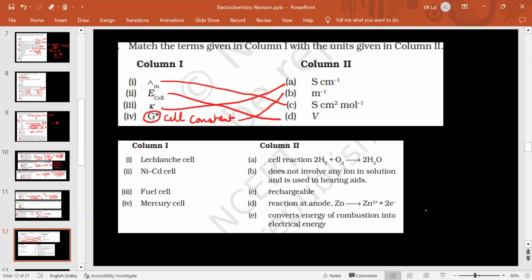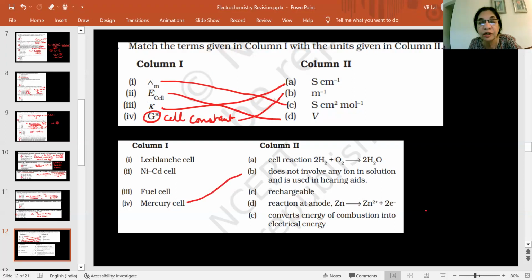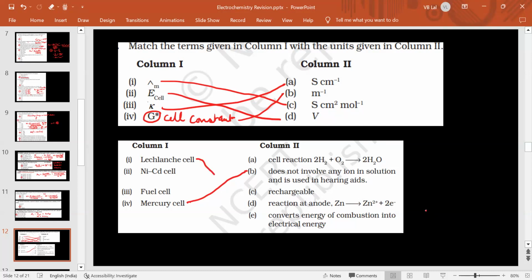Miss, for fourth one, in the column 2, will it be C, miss? Fourth one is B. Does not involve any ion and can be used in hearing aid. Okay, very good. Then Leclanche cell. Miss, Leclanche is the option E, miss. Converts energy of combustion into electrical energy.